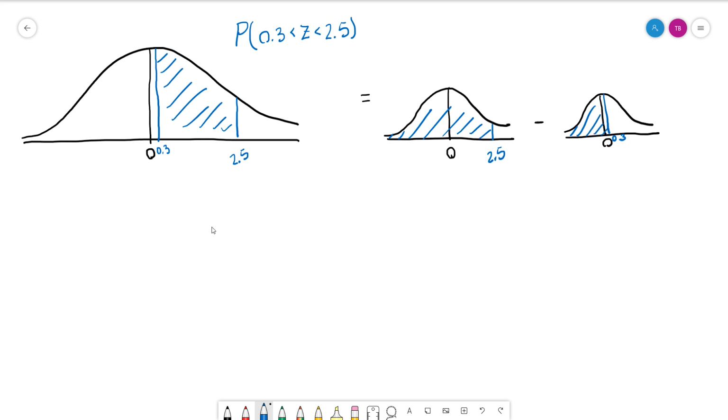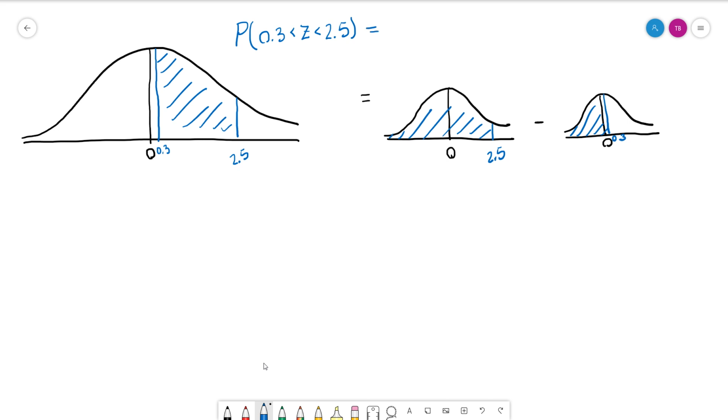So in other words, we calculate everything to the left of 2.5, and then subtract off the bit that we don't want, which is the bit that's left of 0.3. We don't want anything over here to the left of 0.3. We want just what's in between 0.3 and 2.5.